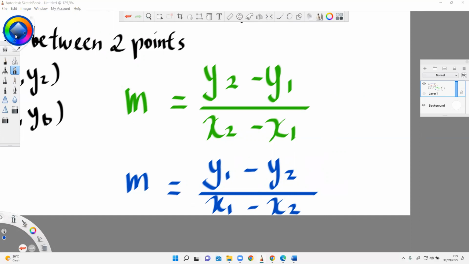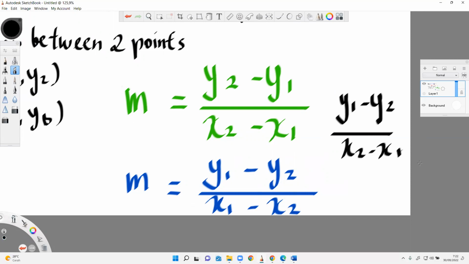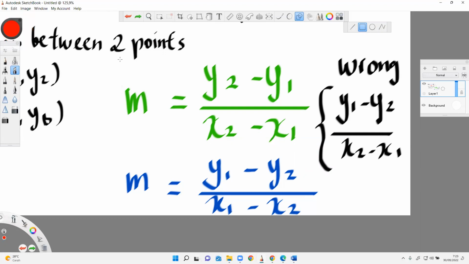With the wrong formula, you might sometimes make a mistake here: y1 minus y2 over x2 minus x1. What's wrong with this formula? Guys, can you notice what's wrong with it? That's it. The order 1 minus 2 and the x has to be 1 minus 2 to make it right. So I gave you the wrong answer; you just follow the right formula on the left.